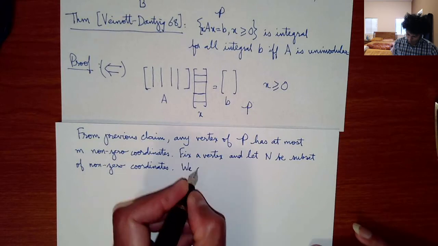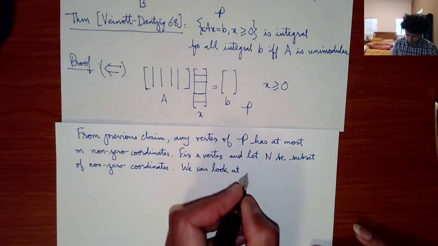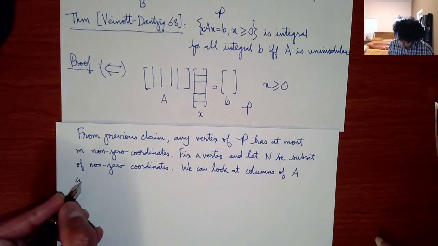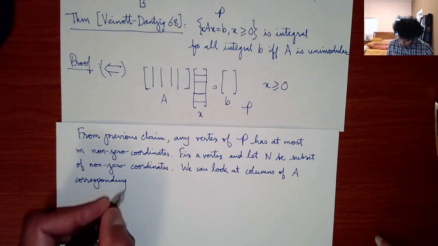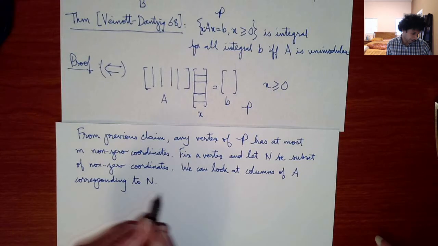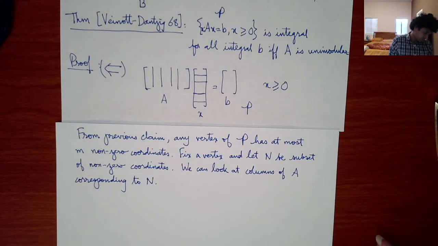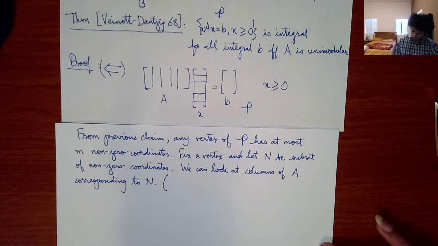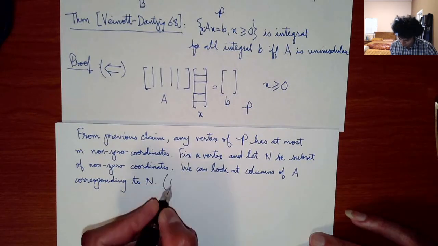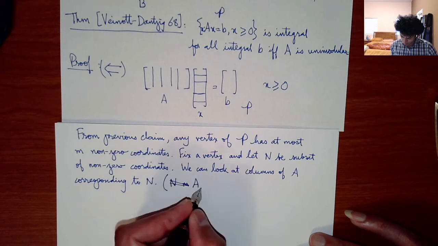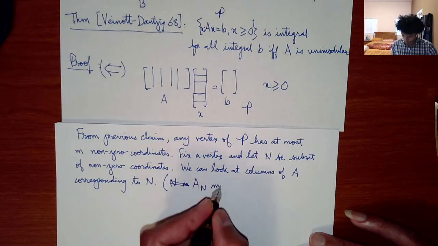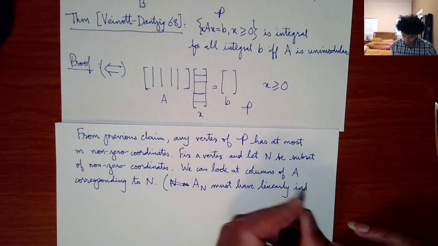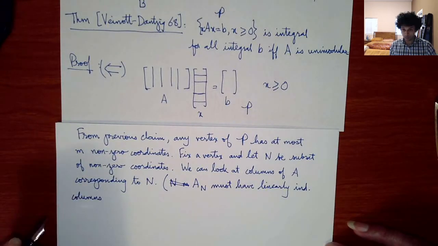So we can look at the columns of A corresponding to N. Now I'll just state a fact over here, and then you can ask me questions about this later on: A_N must have linearly independent columns.